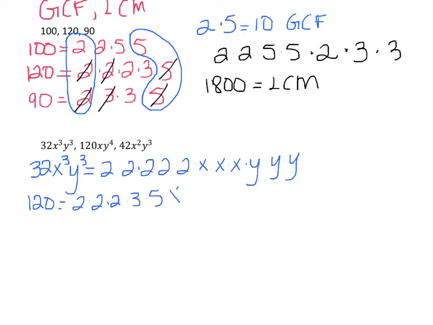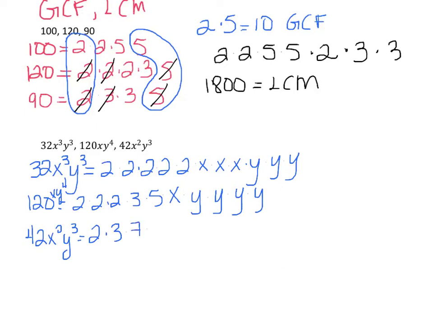I've got a single x and 4 y's. And then for 42, I should have included that this was x y to the 4th. For 42, x squared y cubed. 42, that's 7 times 6, so that gives me 2 times 3 times 7, 2 x's and 3 y's.